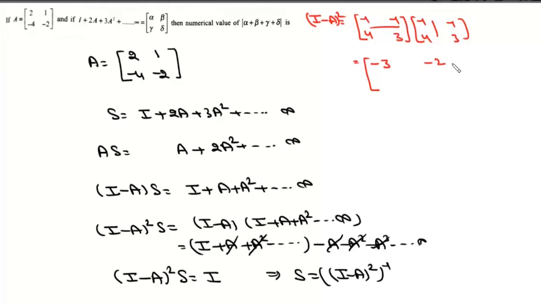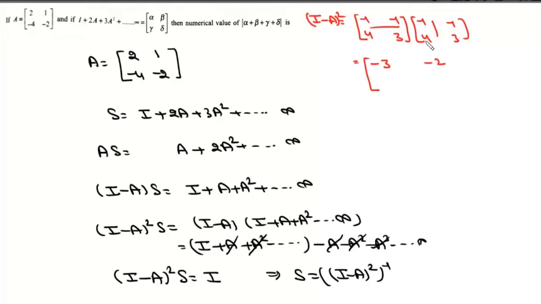Now if we find I minus A, it will be 1, minus 2, minus 1... and if we square it, we'll get... This is 1 minus 4 minus 3. This is 1 minus 3 minus 2.